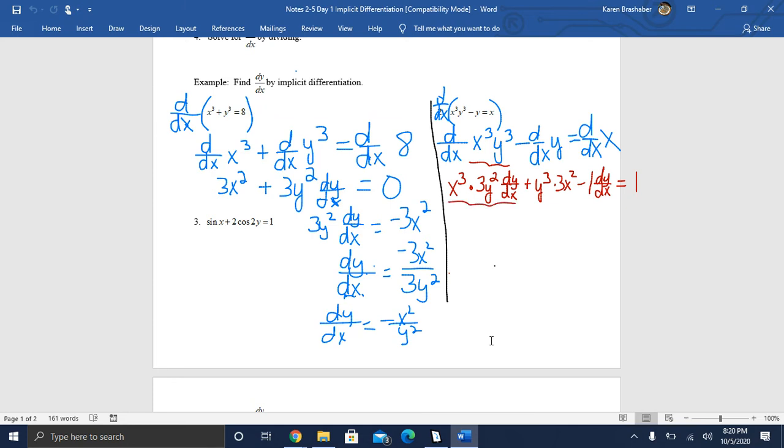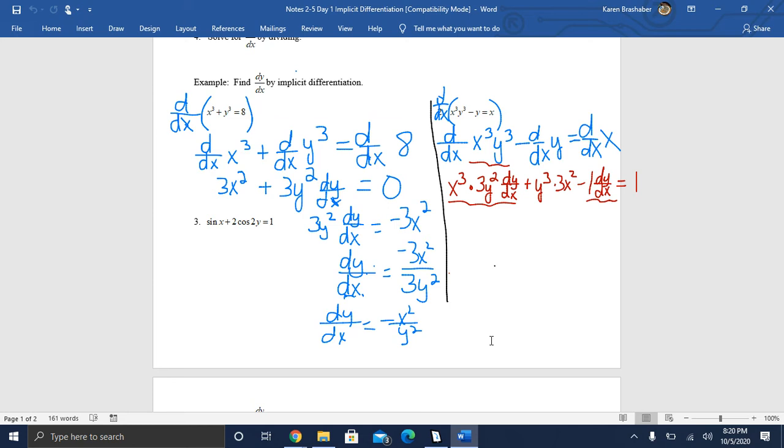So we have a dy dx term here and here. We want to leave those on the left-hand side of the equal sign and subtract over the y to the third, 3x squared. Now, I'm going to do a little bit of cleaning up, just rearranging things.